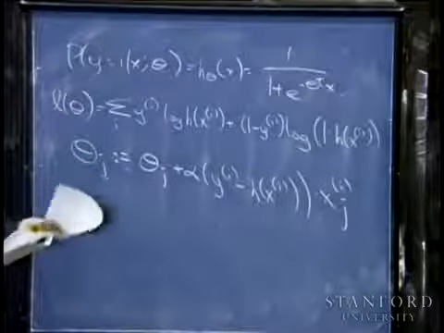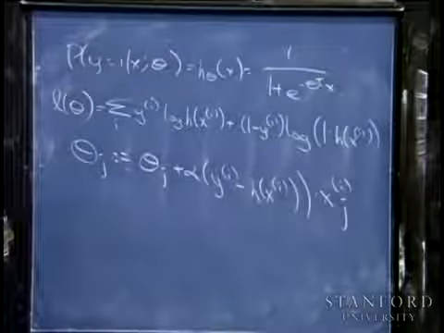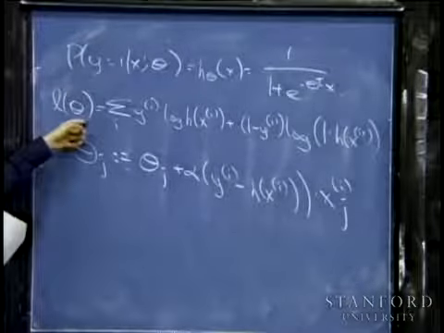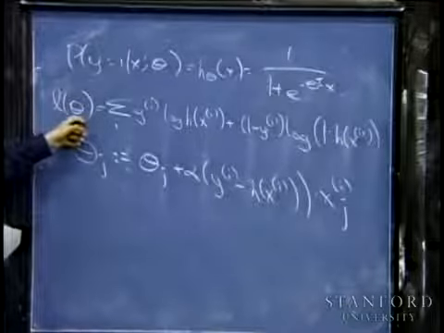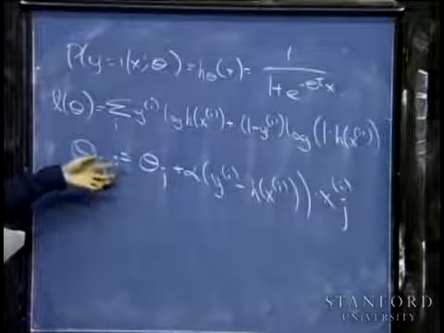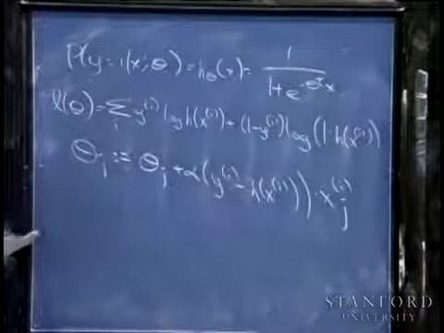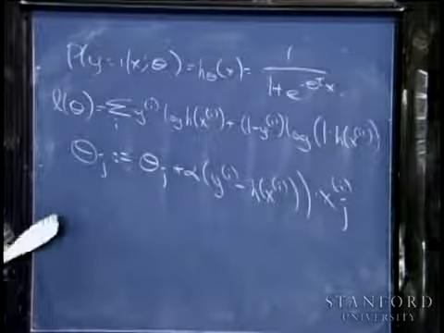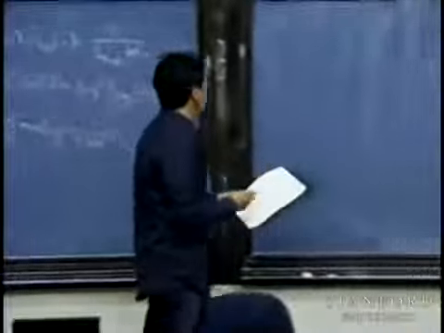But what I want to do is talk about a different algorithm for fitting models like logistic regression. This will be an algorithm that will often run much faster than gradient ascent. This algorithm is called Newton's method.